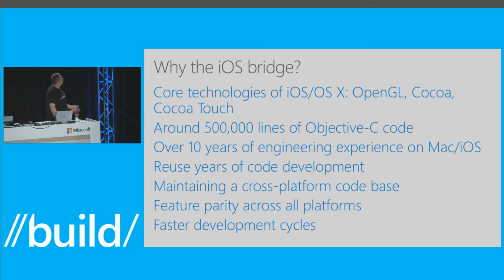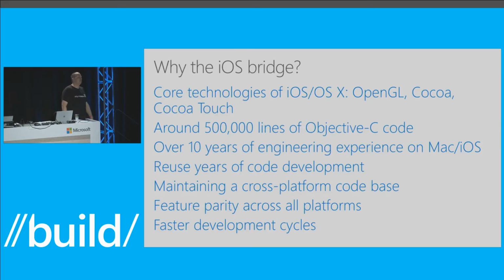That's good. Well, with all of our engineering and all of our experience and all of our years being in business coding, we have all this code and all of this stuff that needs to be dealt with. Well, now with the iOS bridge, we can actually reuse all of the code that we've developed. We can actually take what we've built and rather than worry about it, actually bring it to Windows.